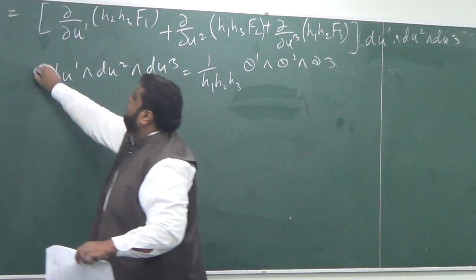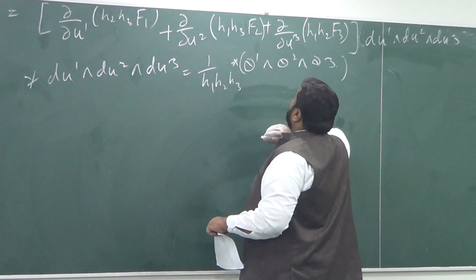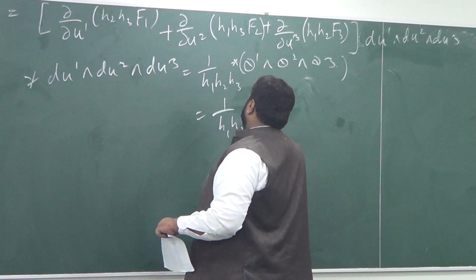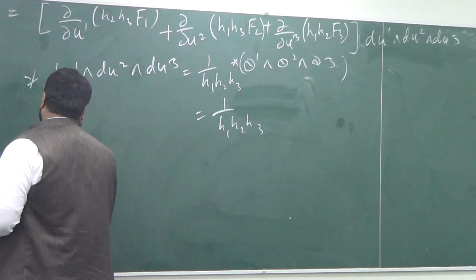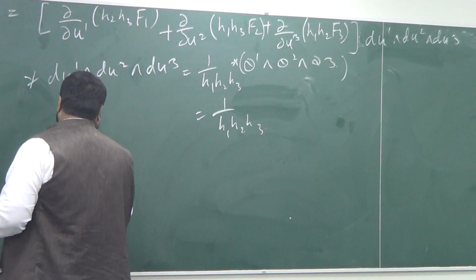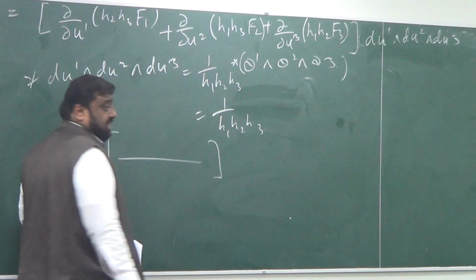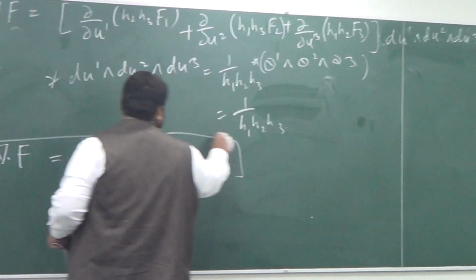And then if I apply star on this, you're going to get h1 h2 h3. So therefore, you will have the same quantity, h1 h2 h3, multiplied by the expression that you have above it. So this would be the expression for the divergence.